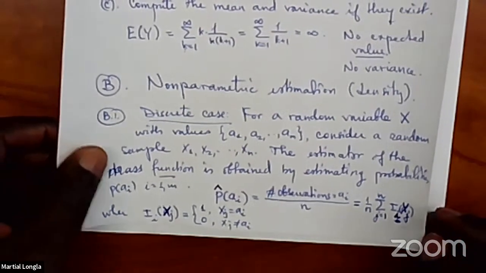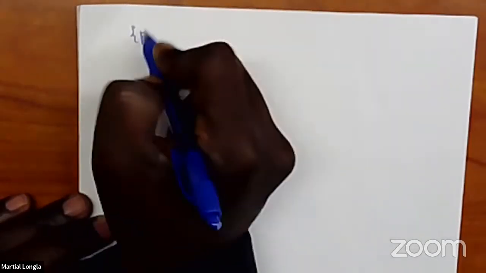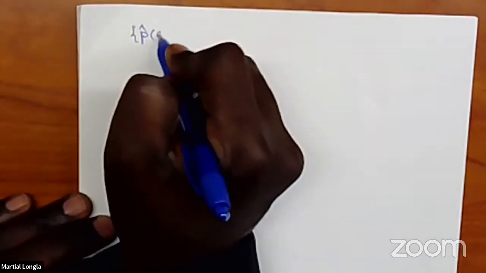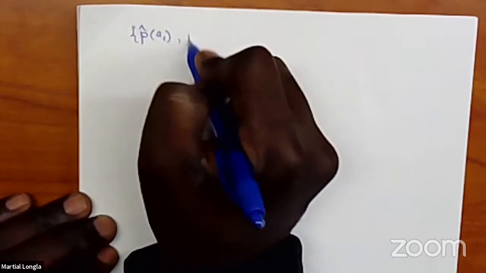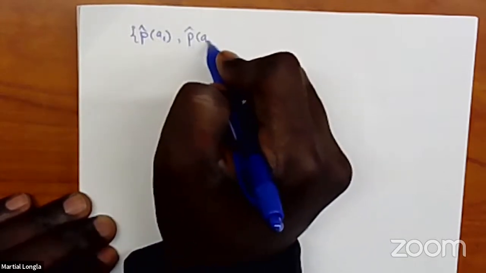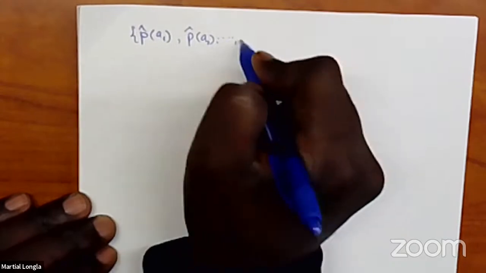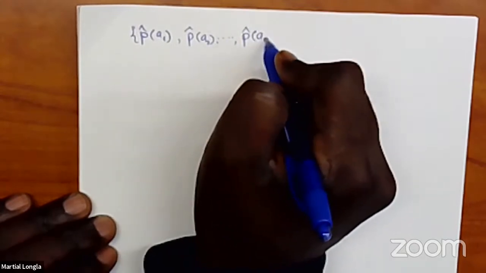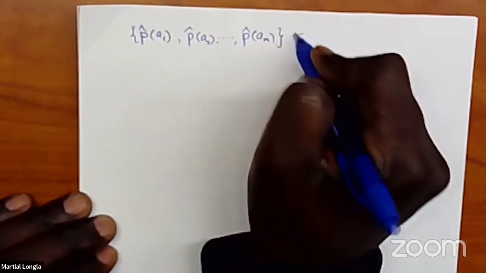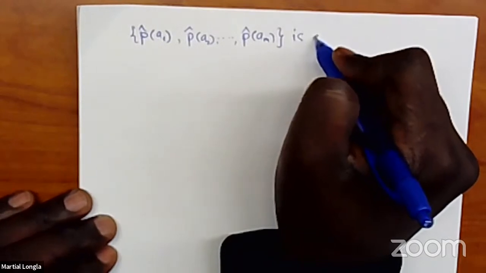That's it. That's how we will do the estimation for a discrete random variable, and we will say that P hat of A1, A2, up to AM is the estimate.